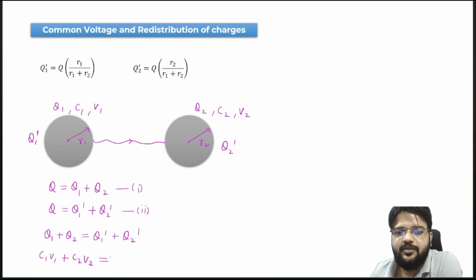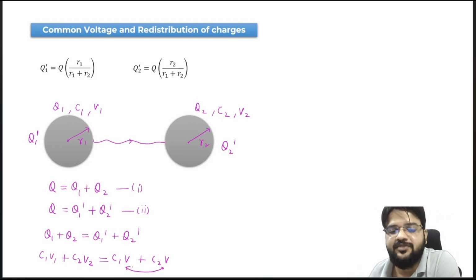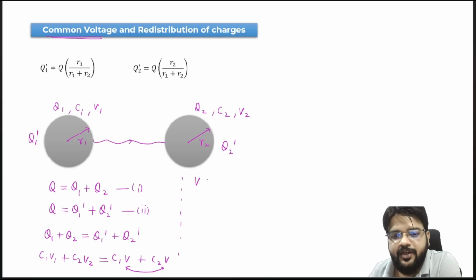Q1 dash can be written as C1 V and Q2 dash as C2 V. Why am I using the same potential V? Because after connecting the wire, the potential of both conductors is the same. That's why we use V, and this V we want, because here we want the common voltage. So after simplification, you will get the common voltage V equal to C1 V1 plus C2 V2 divided by C1 plus C2. This is the common voltage, correct?